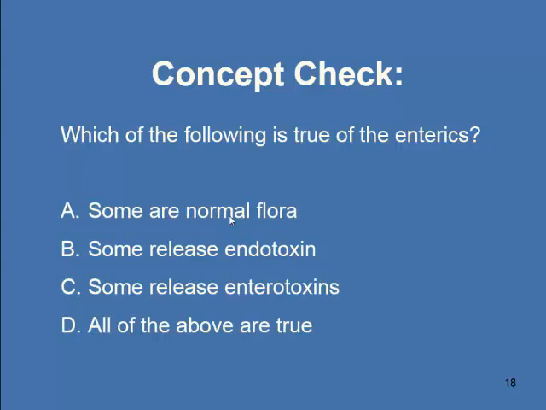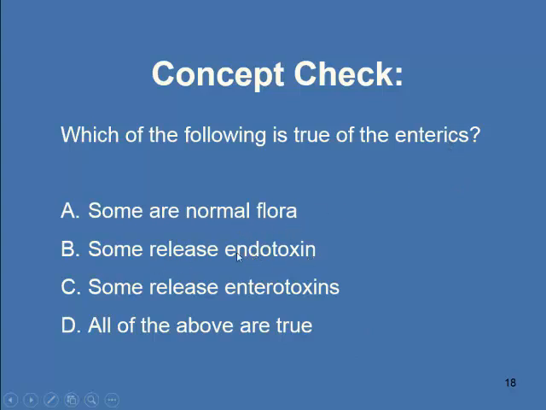Which of the following is true of the enterics? Some are normal flora, some release endotoxin, some release enterotoxins, or all of the above. Best answer is all of the above, because we do have some enteric bacteria, some strains of E. coli, that are completely normal flora.